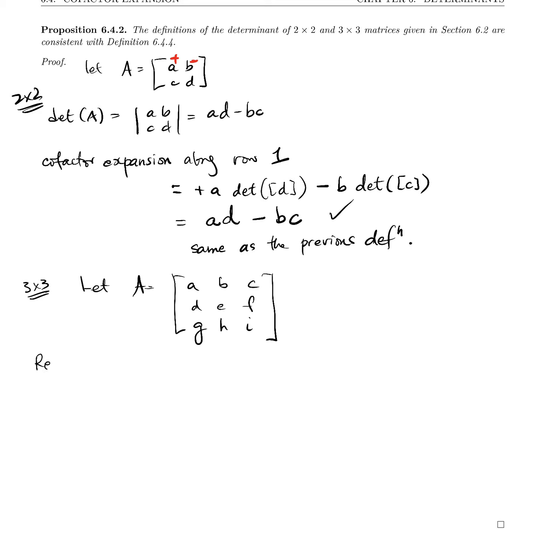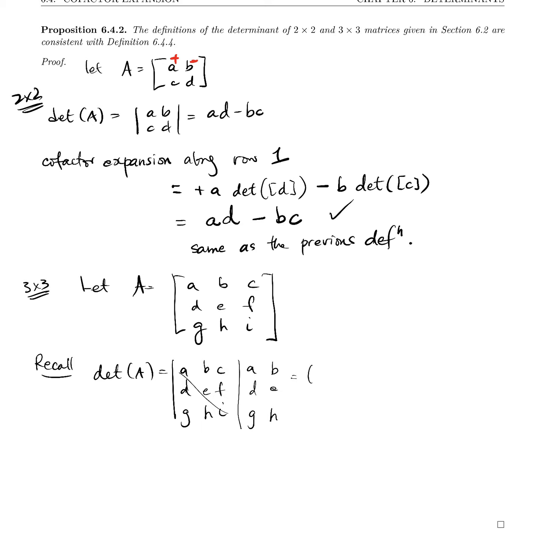Let's recall the determinant of A, what we did before using Sarrus's rule. So A, B, C, D, E, F, G, H, I, we rewrote those first two columns, A, D, G, and B, E, H, and then we did a basket weaving method.